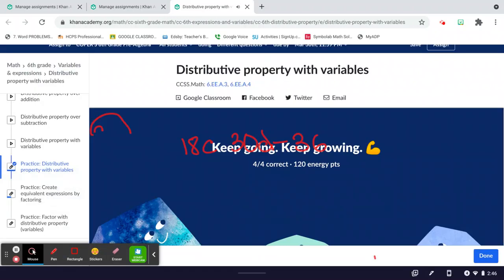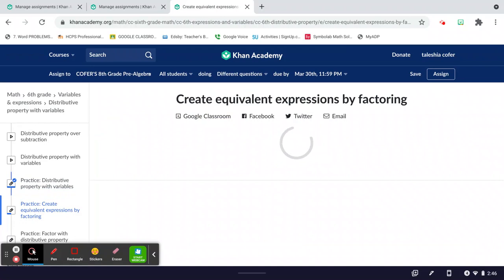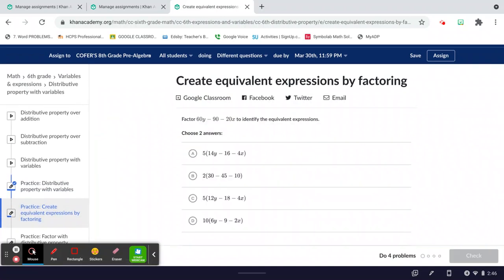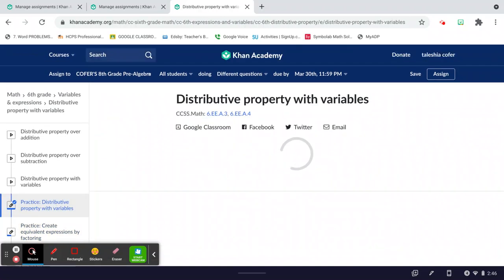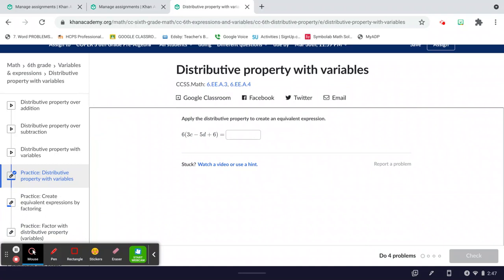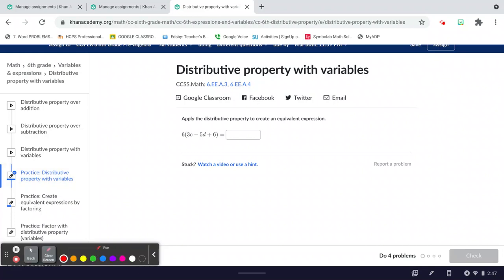We're going to do a few more. Oh, what happened here? Thought we just did this one. 6 times 3 is 18, and I put my c back.